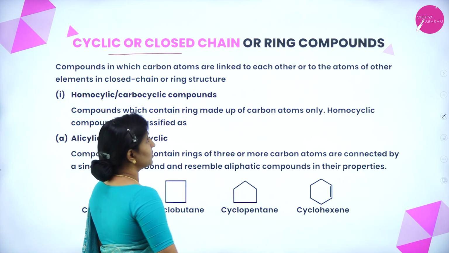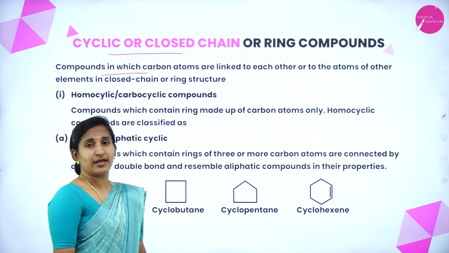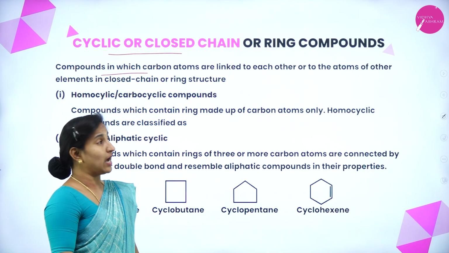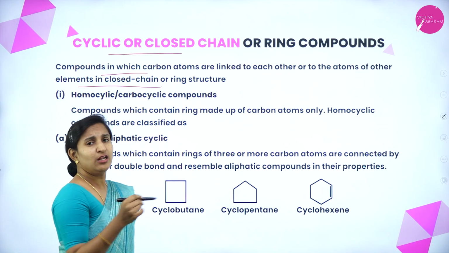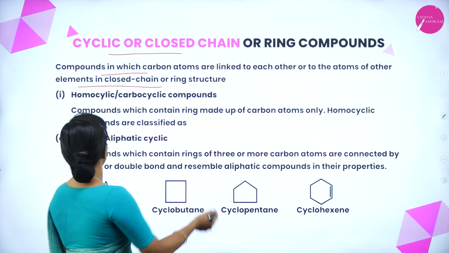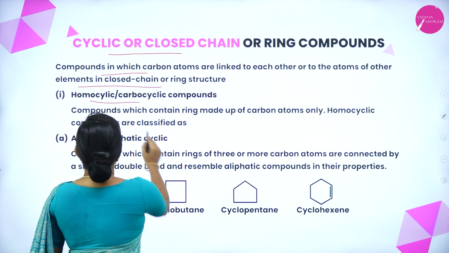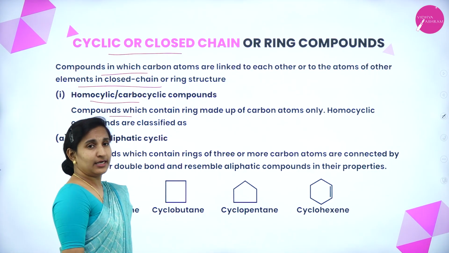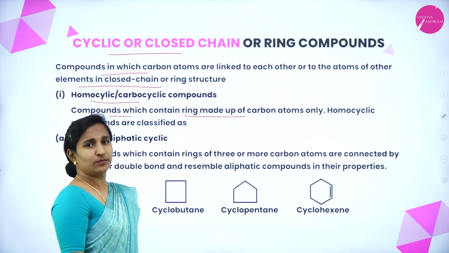Cyclic or closed or ring compounds are compounds in which carbon atoms link to each other in a closed chain structure or a ring structure. Homocyclic or carbocyclic compounds contain a ring made up of carbon atoms only.